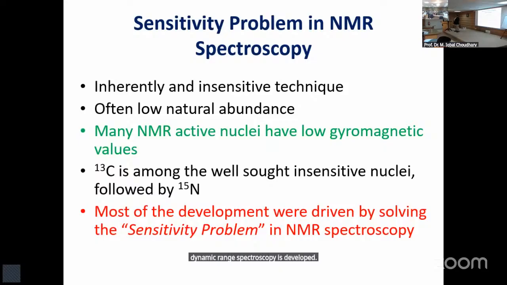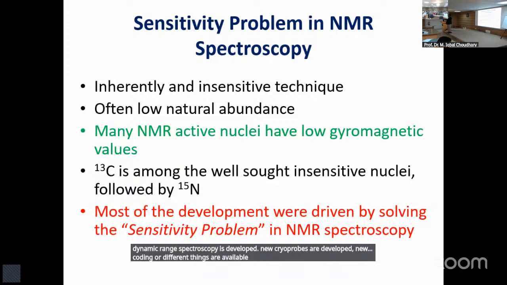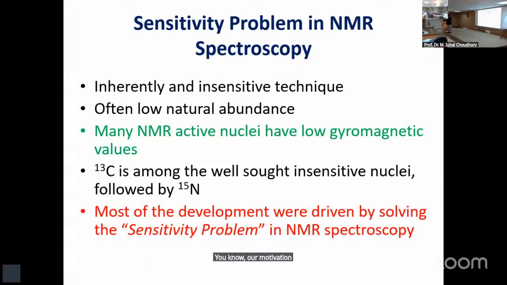New cryoprobes were developed. A whole range of different things were developed. But largely, in the first 30 years, people were looking at how to detect carbon-13. All the motivation was to detect carbon-13 because this was the domain of organic chemistry at that time. They wanted to detect carbon-13.